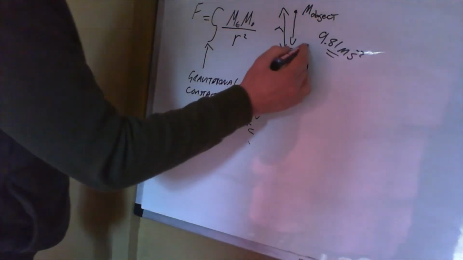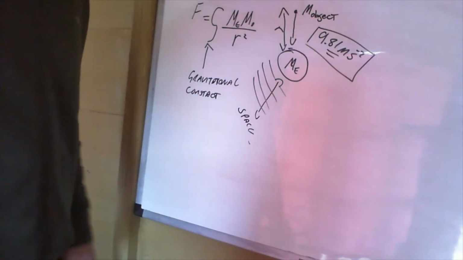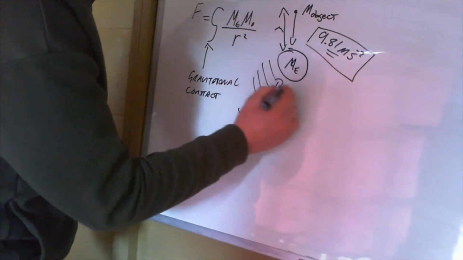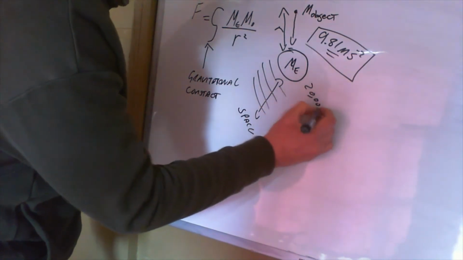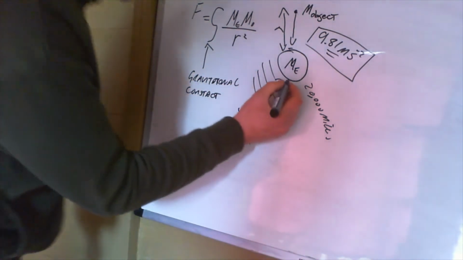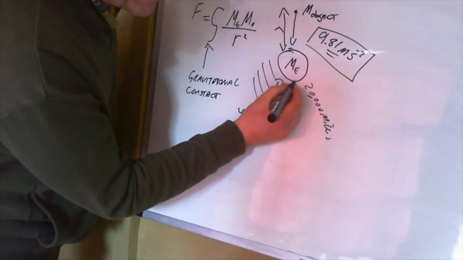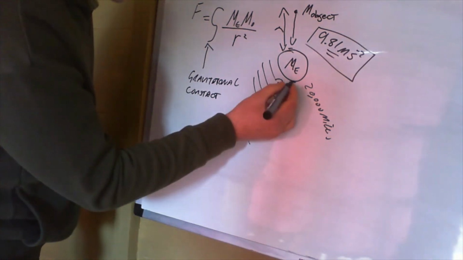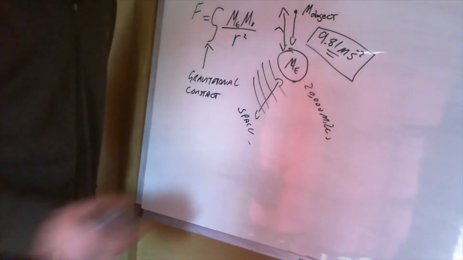We just use this figure because that's what really occurs round about the surface. There's about 20,000 miles of circumference, and our atmosphere is only a couple of miles high, so this figure of 9.81 doesn't change very much.